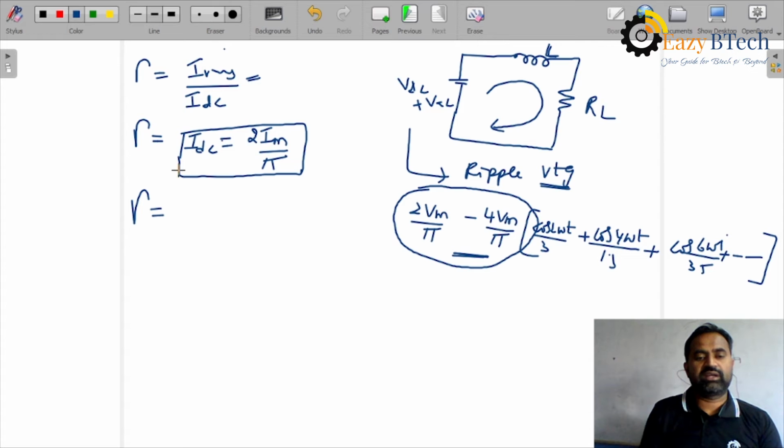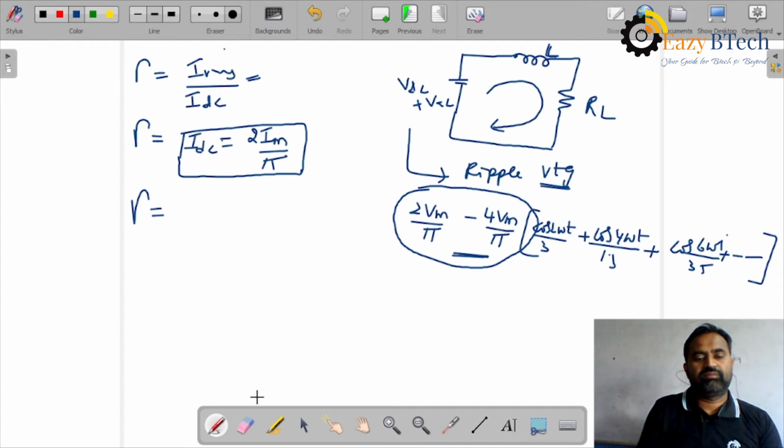Now we will write ripple factor is equal to, okay students, IDC. We will write IDC from Ohm's law is VDC by RL. Now we know what VDC is.